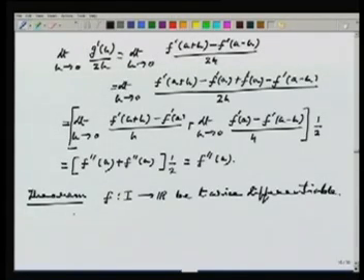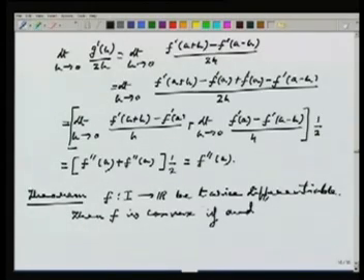Then f is convex if and only if f double prime at every point of the interval I is bigger than or equals to 0.